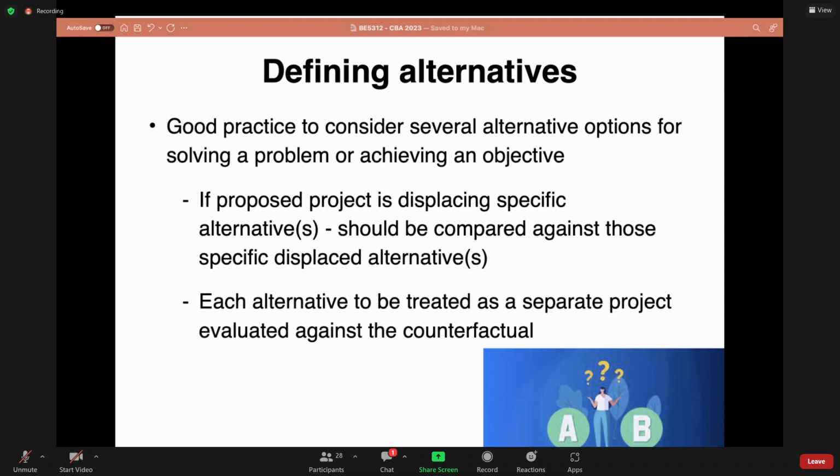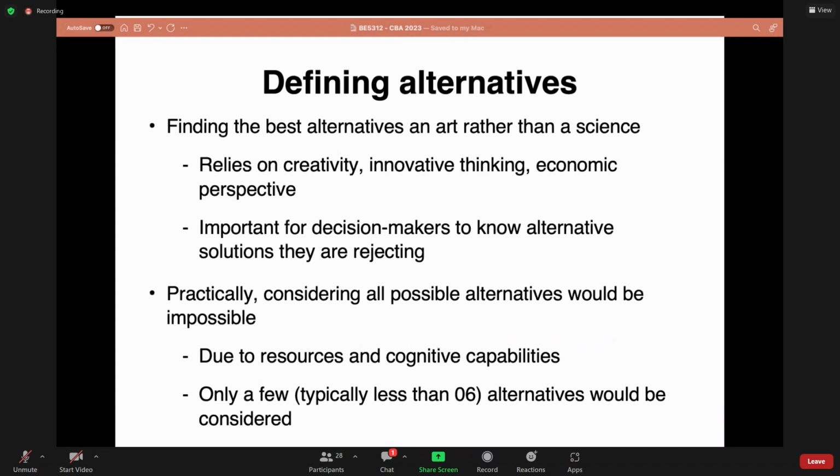You can consider each of those alternatives as a separate project and do your analysis, and see which option gives you the most benefits. Which alternatives to consider will involve a little bit of creativity, some innovative thinking, and some economic perspective as well.